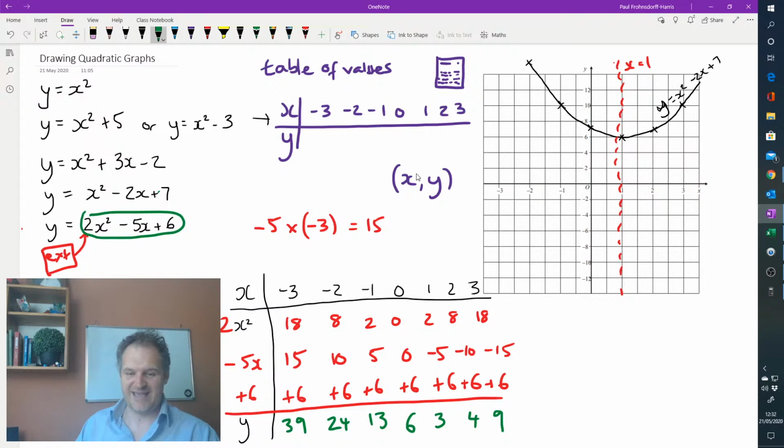Now you might be thinking, but there's no repeating here. There is. It's just the repeating happens at 1.5. If I had done this for 0.5 and 1.5, those numbers would have been also 3 and another 4 and 6. So the reason it doesn't look like it repeats, it makes more sense if I draw the line.